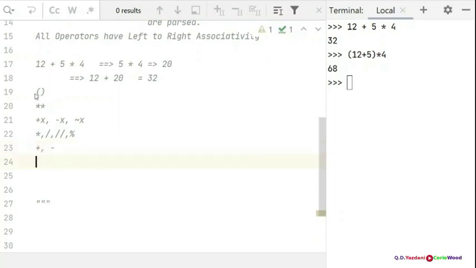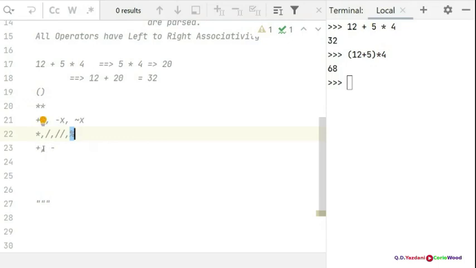Keep in mind they go in this order: parentheses, then exponent, then unary plus, unary minus, bitwise not, then multiplication, division, floor, and modulus, which is the remainder as well.